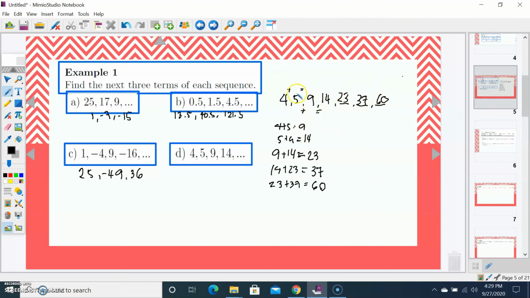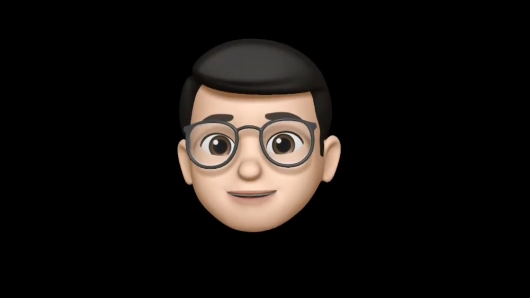So this is just one example of that sequence. So the three terms that we are looking for are 23, 37, and 60.